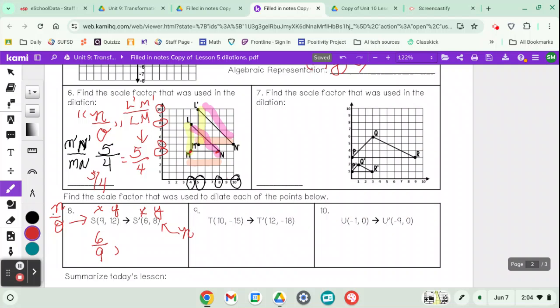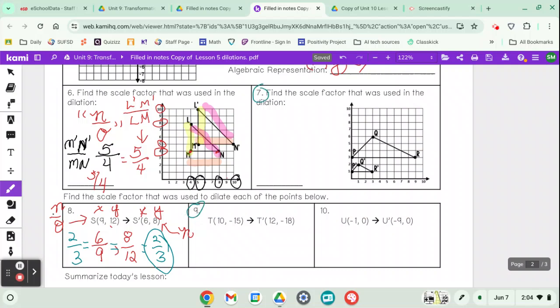And then we have new point, 8, over old point, sorry, it's not a 6, it's a 12. Eight over 12 simplifies to 2/3. 6 over 9 also reduces to 2/3. Your scale factor is 2/3.